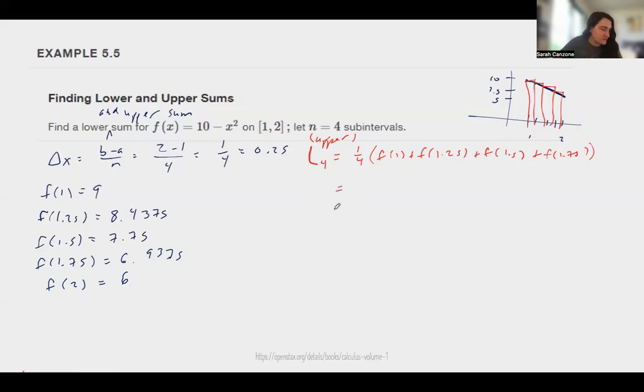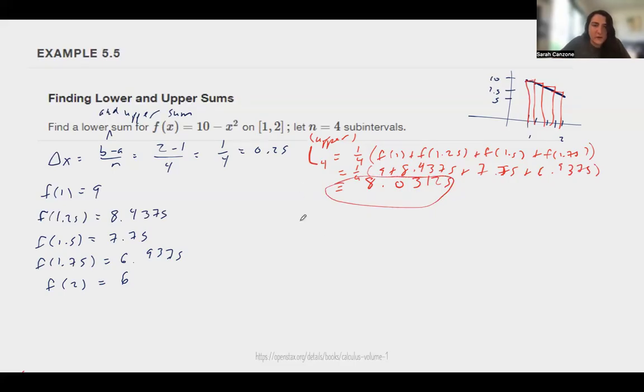And so what this gives us, I will just kind of give you, the area is going to be 8.03125 if you were to compute this value. So this is when you plug in 1/4 times 9 plus 8.4375 plus 7.75 plus 6.9375. And this is the number that you get right here.